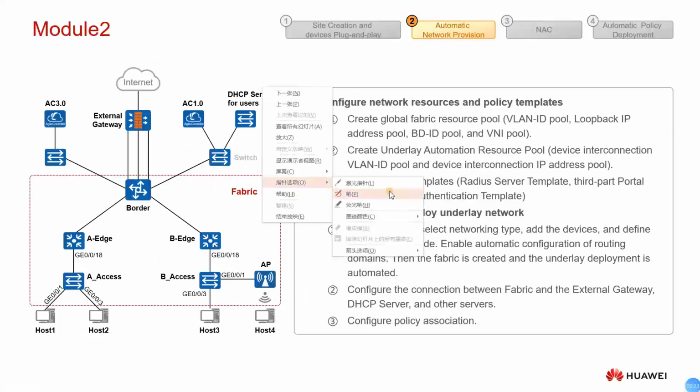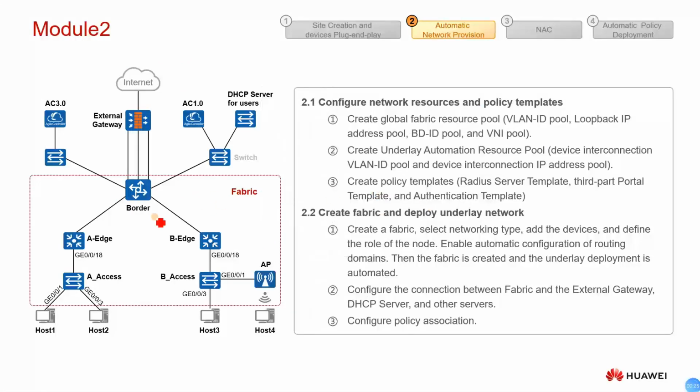What we are going to do is use the physical devices, the switches and the APs, to make up a fabric. A fabric means that we are using some technology to pool the network resources. After that, we call the whole network a fabric.